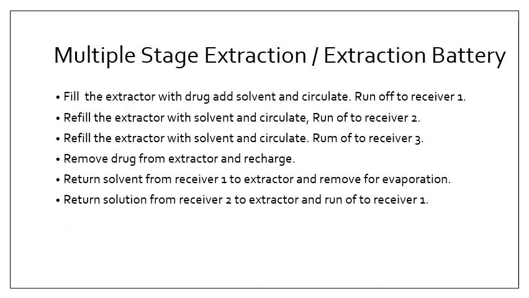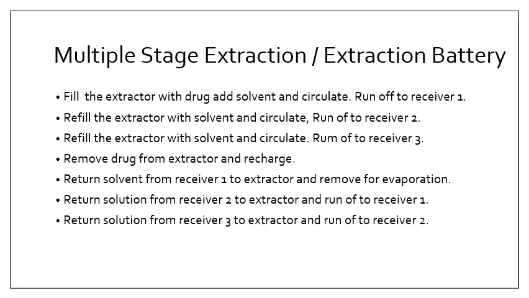Now it is moved for the evaporation for further concentration. Afterwards, the solution that is present in receiver number 2 is transferred to the extractor, and from the extractor it is transferred to receiver number 1. Afterwards, the solvent that is present in receiver number 3 is again transferred through the extractor and it is transferred to receiver number 2. Now the receiver number 3 is empty.